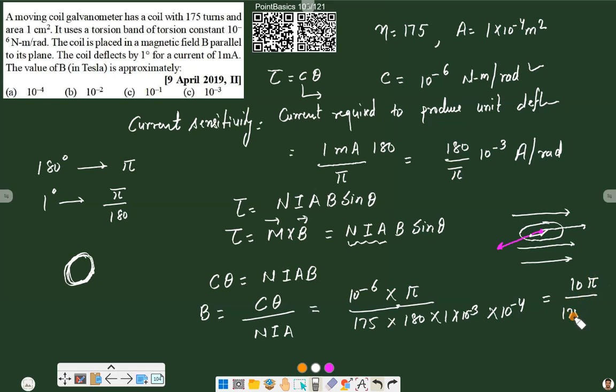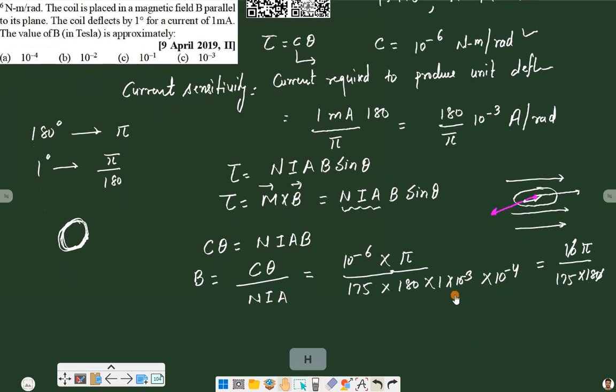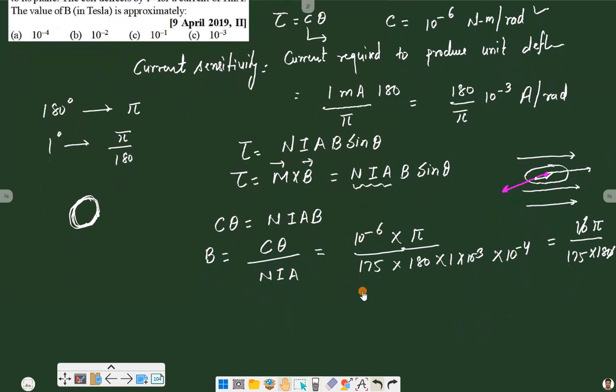divided by 175 into 180. So further we can solve it like this, that it will be pi into 175 by 180.